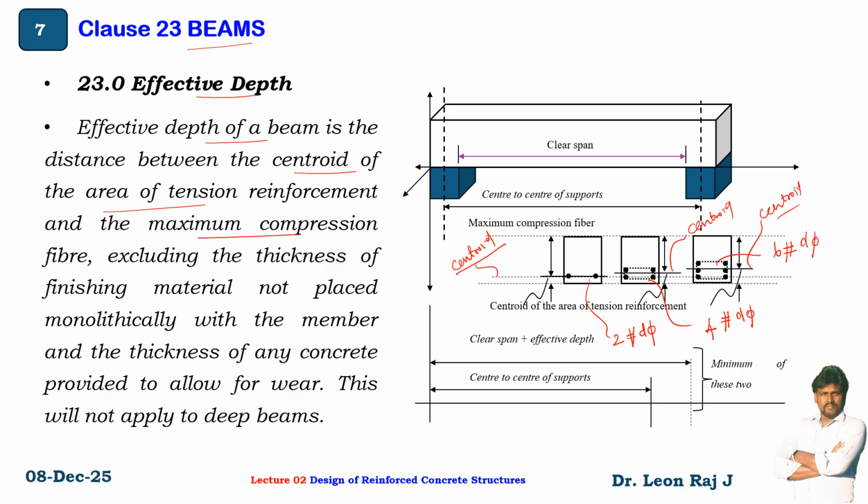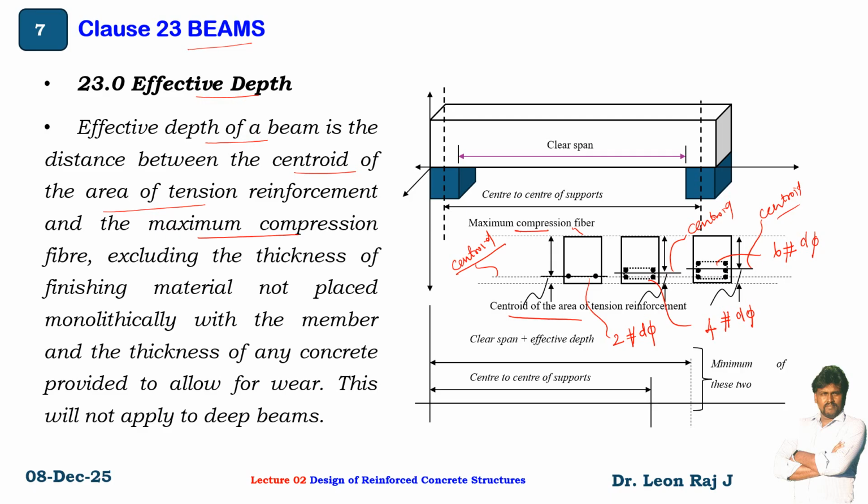And the maximum compression fiber. So this is the distance between the maximum compression fiber, which is this one, and the centroid of the area of the tension reinforcement.